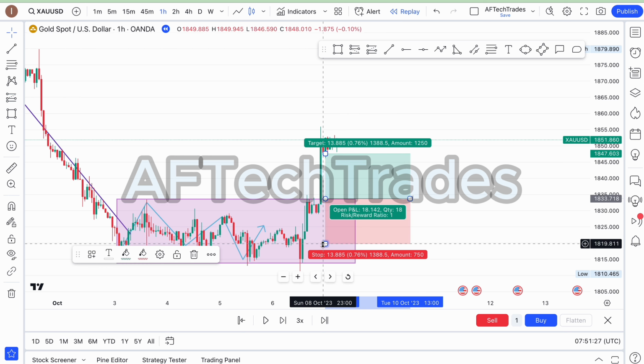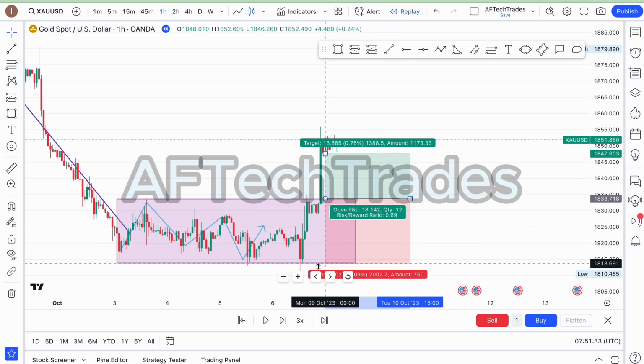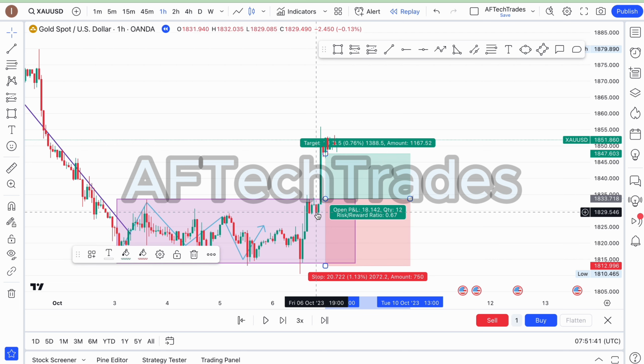And I said, how do you set your stop loss on this particular ranging market? Set your stop loss right below the ranging area or right below the most recent candles that formed, which is around this side.